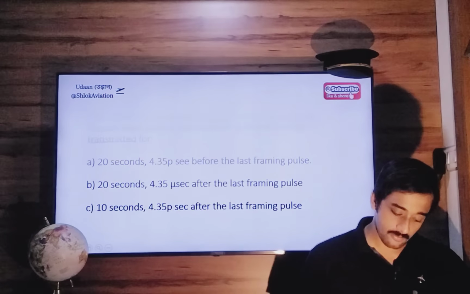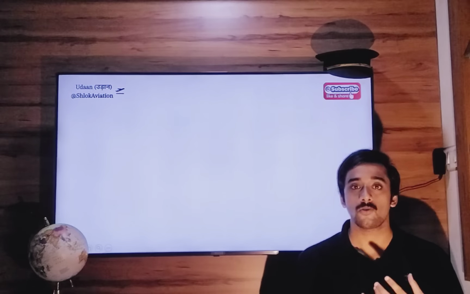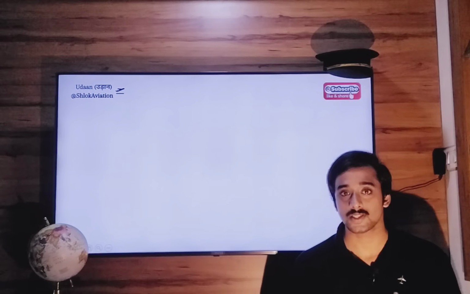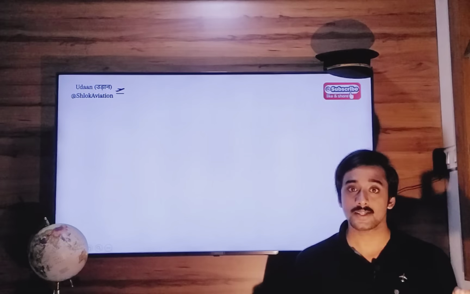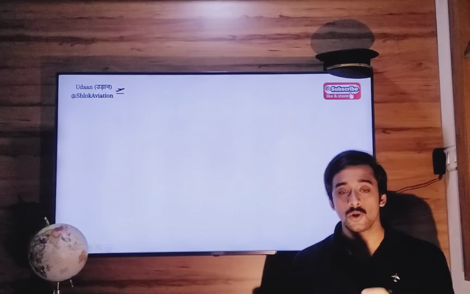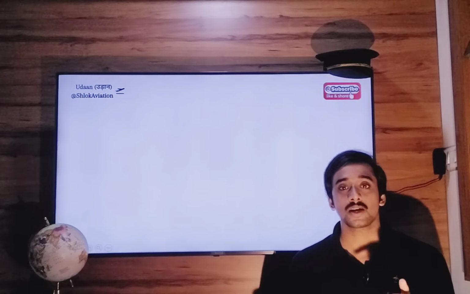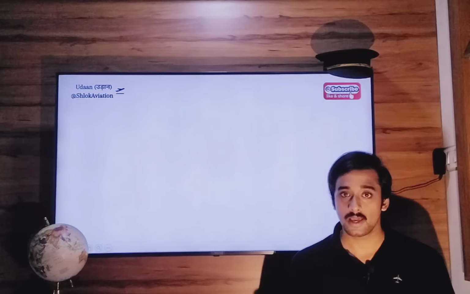Now, whenever you're flying in an airspace and you want to make use of ATC radar services, you must first make contact with that ATC controller. That ATC controller must be able to spot you, to locate you on his ATC radar control screen successfully, right?